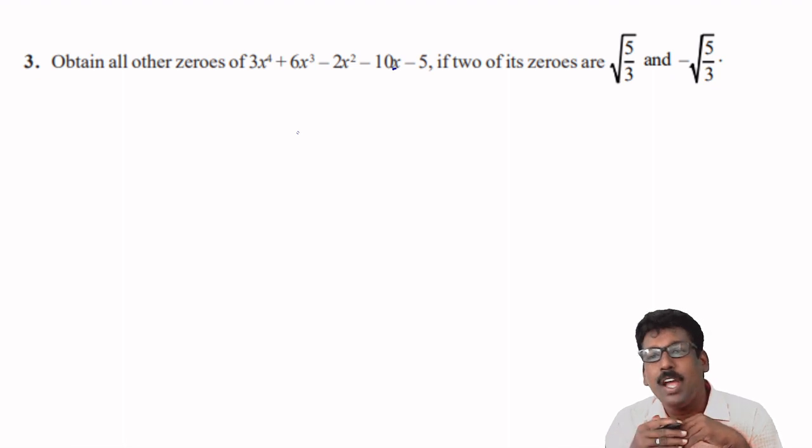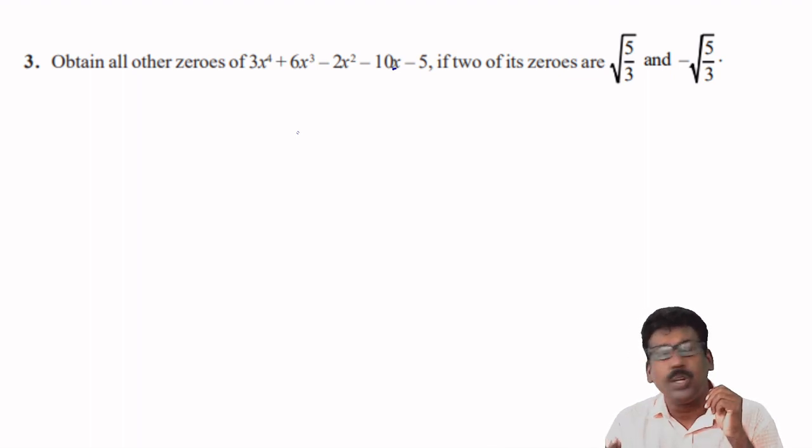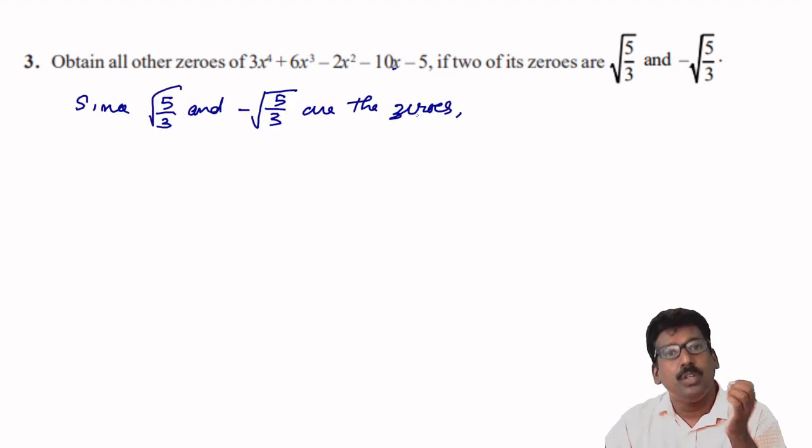Here is your question. Obtain all the zeros of 3x raised to 4 plus 6x cube minus 2x square minus 10x minus 5. The given zeros are root 5 by 3 and minus root 5 by 3. Since root 5 by 3 and minus root 5 by 3 are the given zeros, you can write, if root 5 by 3 is a zero, what is the factor?